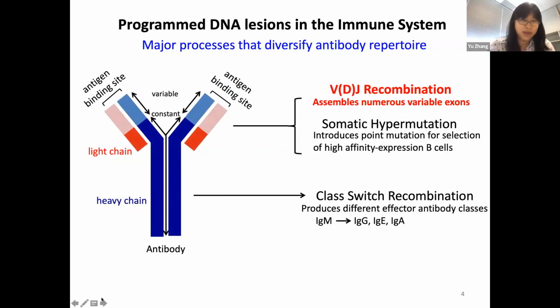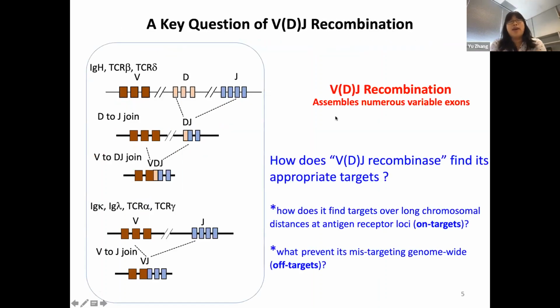Okay, let me go to the next slide. This talk will mainly focus on VDJ recombination. VDJ recombination is a process that cuts and pastes different VDJ segments on the antigen receptor loci. Those segments can be spread up to megabase distances in chromatin.